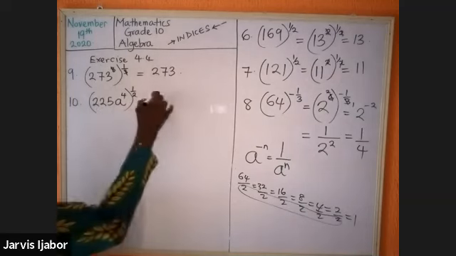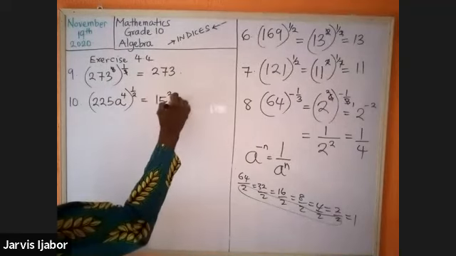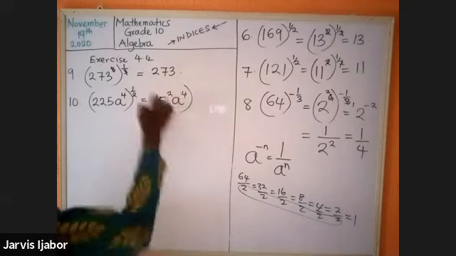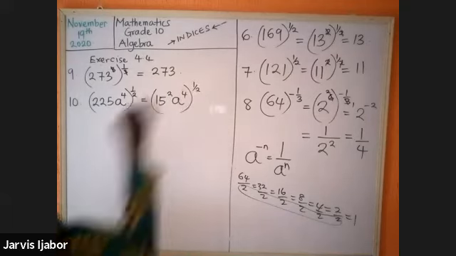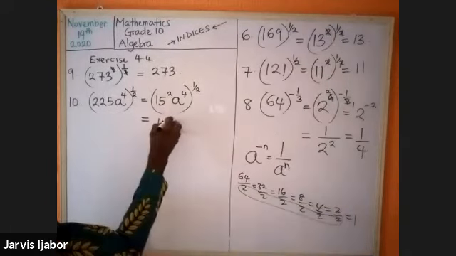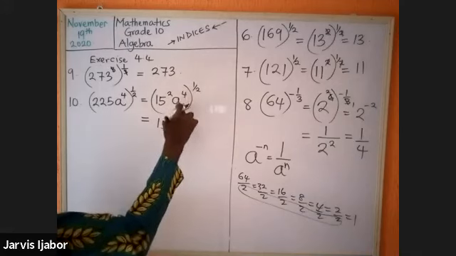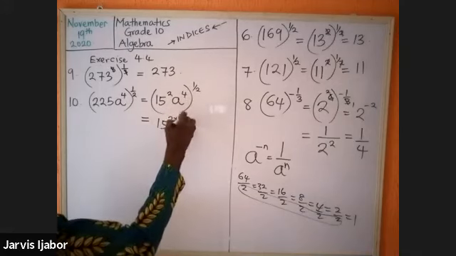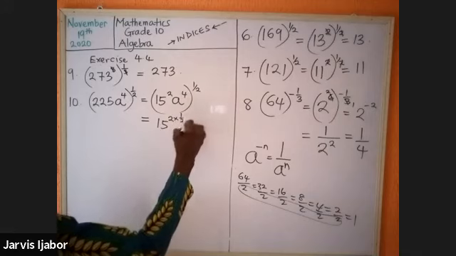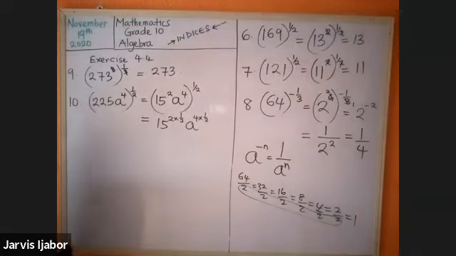This is actually 15 raised to the power of 2, and this will be a raised to the power of 4, everything raised to the power of 1/2. At this point, you treat them individually, because this means that it's affecting this and it's also affecting this. Times 1/2, then a raised to the power of 4 times what? 1/2.